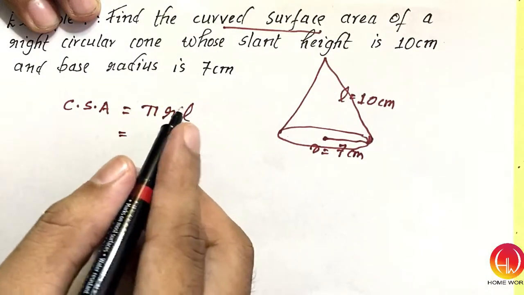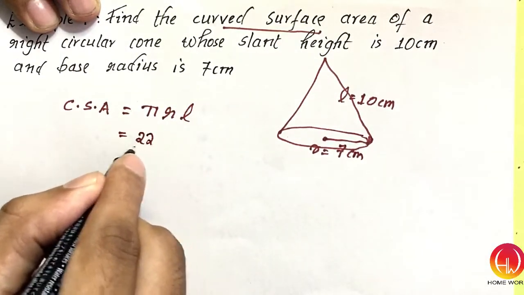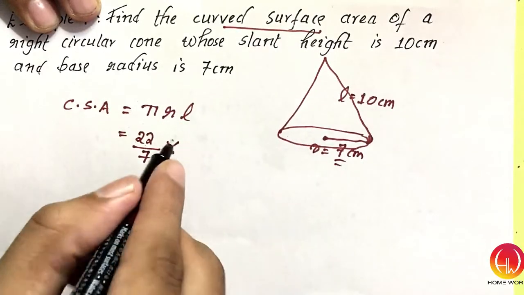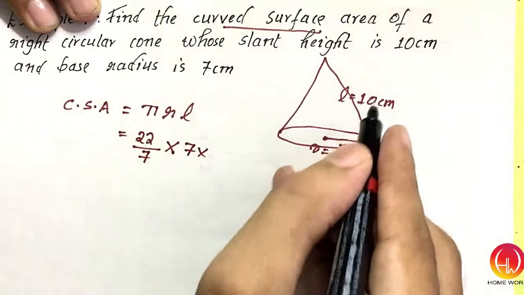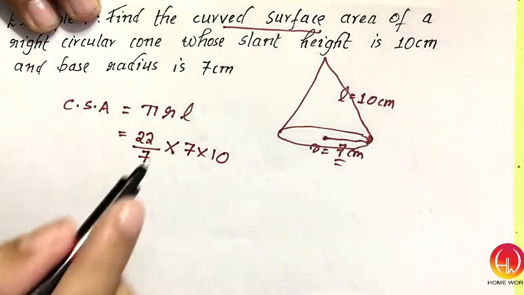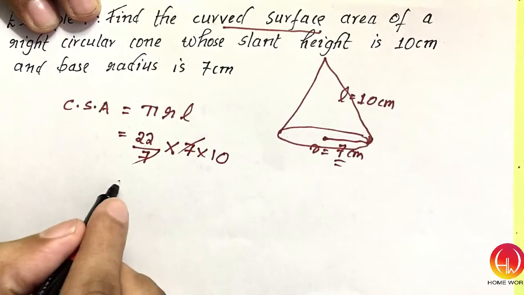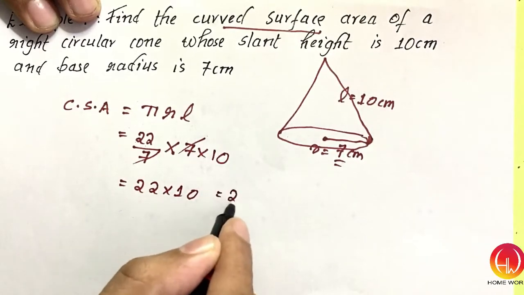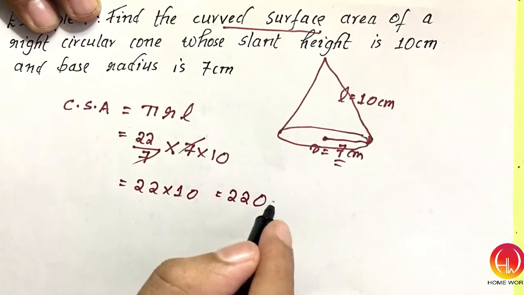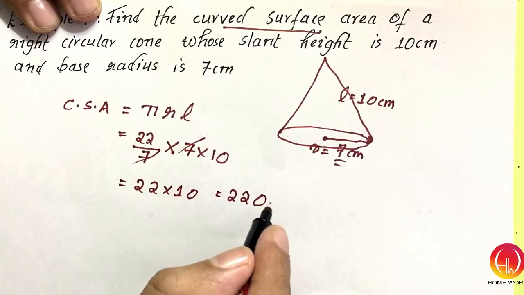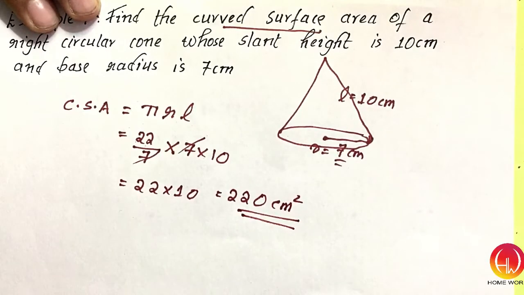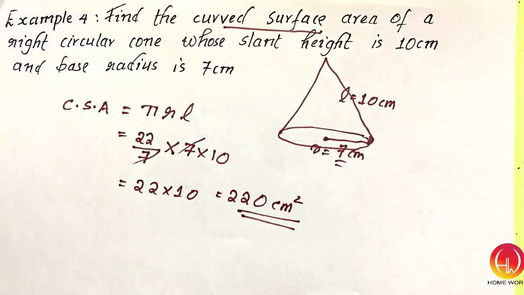What's the value of pi? Pi equals 22 by 7. So 22 by 7 into radius 7 into slant height 10. Then 7 and 7 get cancelled. Then 22 into 10 equals 220. What's the unit of area? cm square. So curved surface area equals 220 cm square.